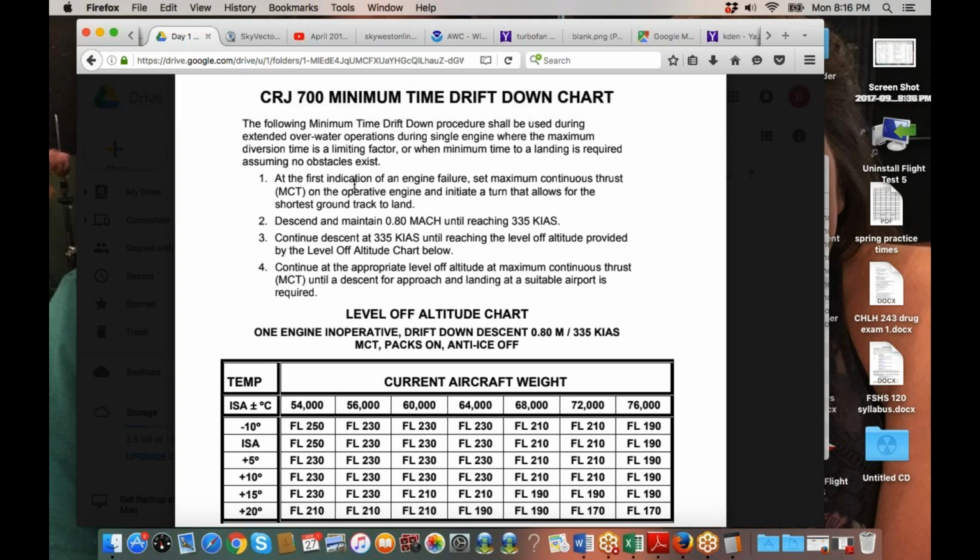At the first indication of an engine failure, set maximum continuous thrust on the operative engine and initiate a turn that allows for the shortest ground track to land. Descend and maintain Mach .80 until reaching 335.